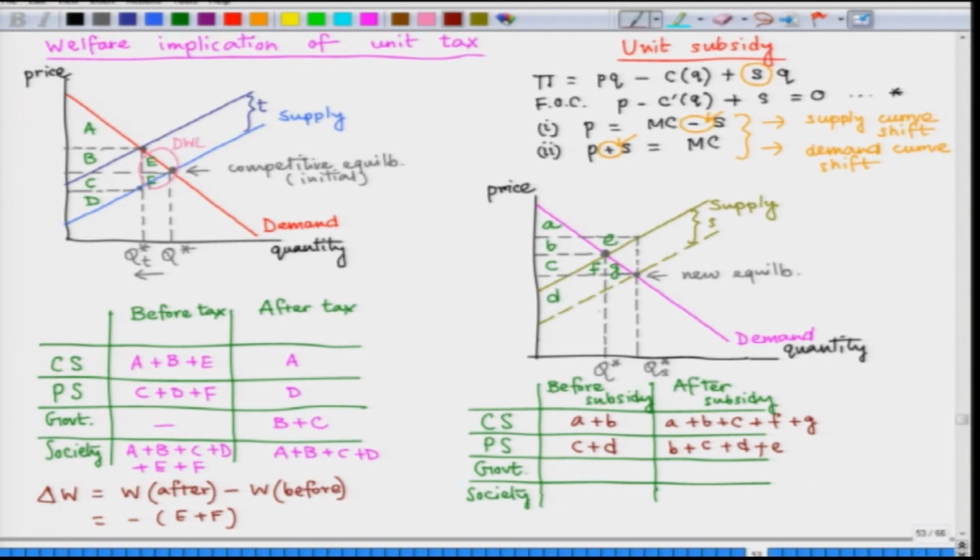Now, government earlier had no role to play. So, we can put nothing in the cell here, but after the subsidy is imposed, government has to bear the cost of subsidy. So, government has to spend some money, and that is why we put a negative sign in front of the area that we are going to now write down. So, this is basically the area that the government has to pay as subsidy, right.